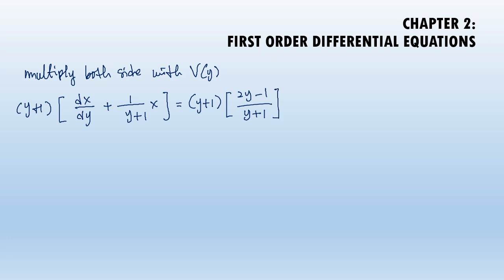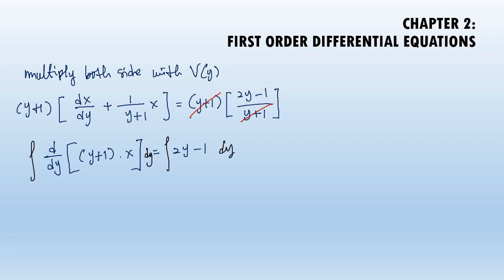So on the left side, we turn it into the derivative of the integrating factor times x, while on the right side we simplify the equation, so we have 2y minus 1 as we cancel out y plus 1, and then we integrate both sides with respect to dy.